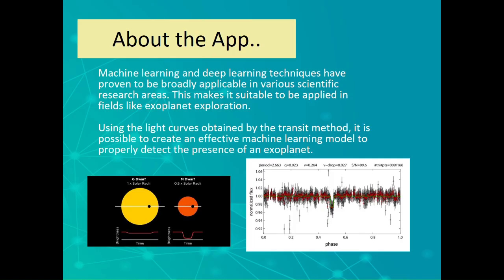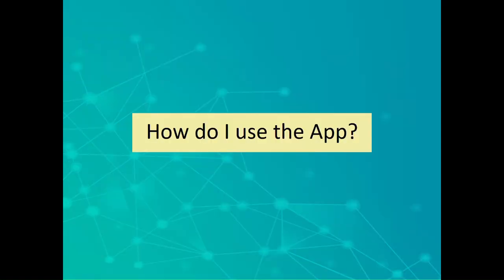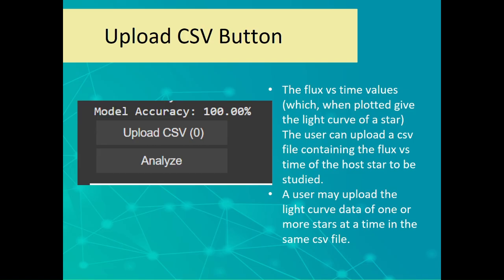I'll just show you the app. Let's get into the app. It's a very user friendly model. You can upload the CSV of your star light curve, which will be in the format of average flux versus time.